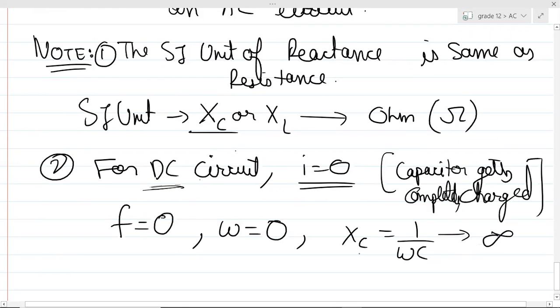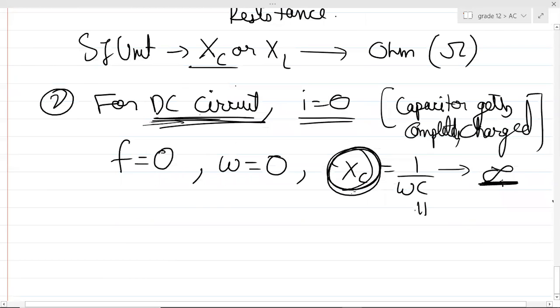So basically, can you see the capacitive reactance of a capacitor in a DC circuit is infinite. That implies it will offer infinite resistance, right? And if it offers infinite resistance, will it let any current to flow? So this is the reason why it blocks DC current.